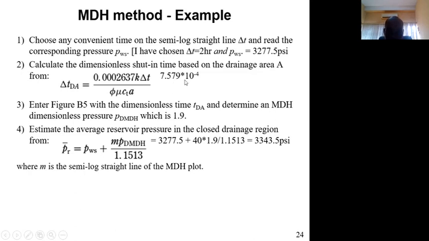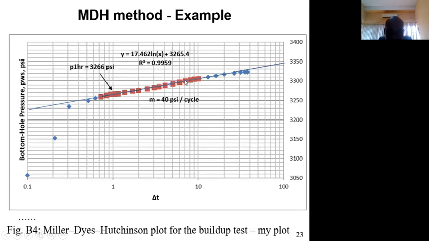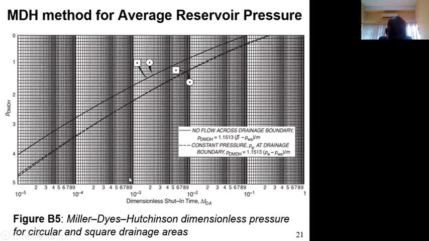Then you enter these plots, and if you trace it down, you will get about 1.9. It's something like this.